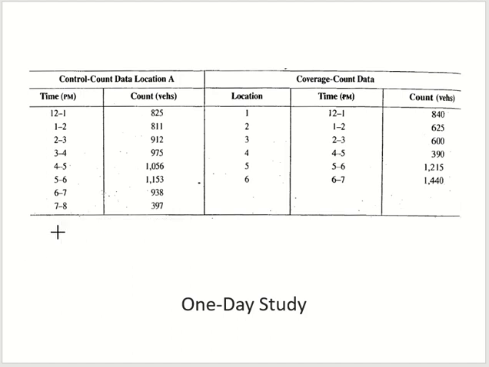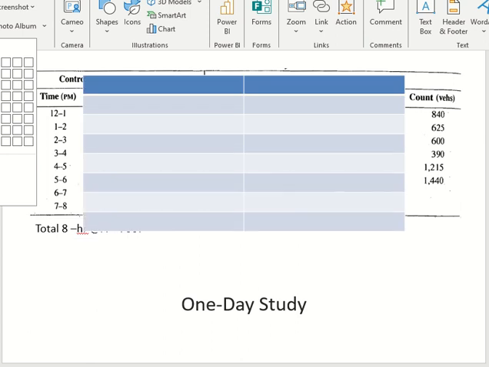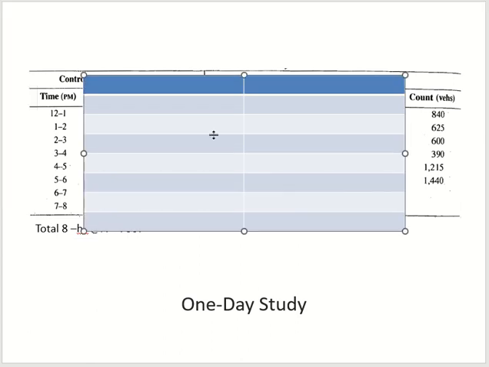So for location A, not a problem. Now for other locations I have only 1 hour of data, so I have to convert 1 hour to 8 hours. For that we will calculate some factors which are known as expansion factors.